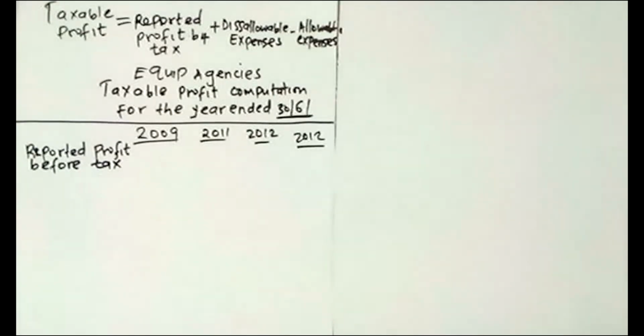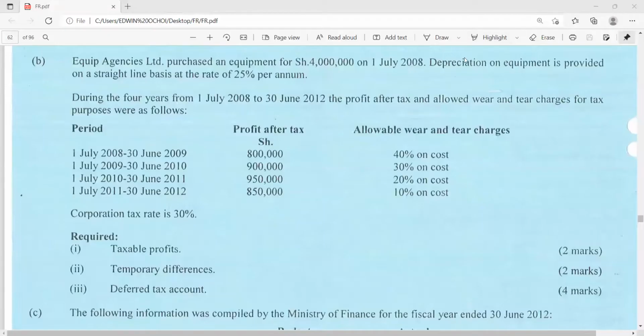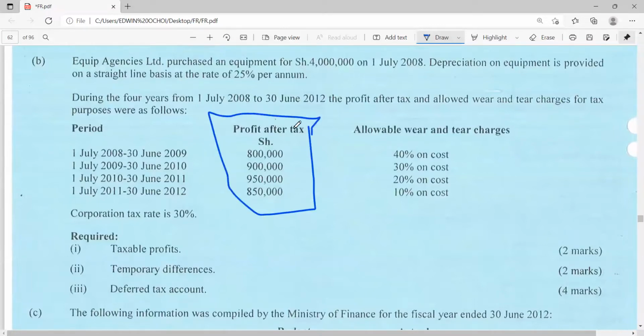Was the reported profit before tax given in our question? We have profit after tax, that is what you can see here. From your knowledge of mathematics, other than accounting, how can you get the profit before tax, because you are given after tax?